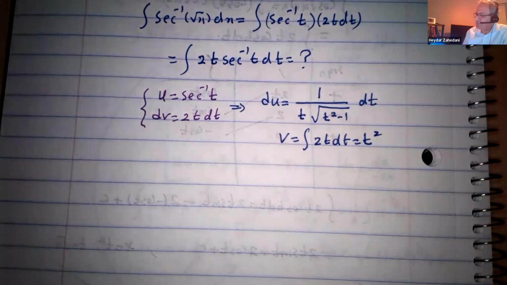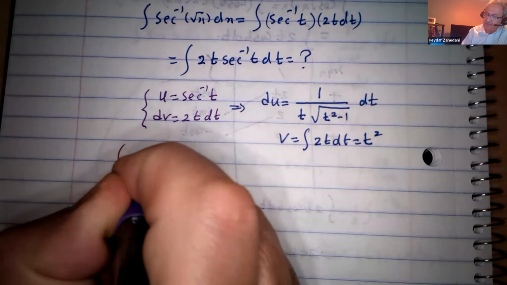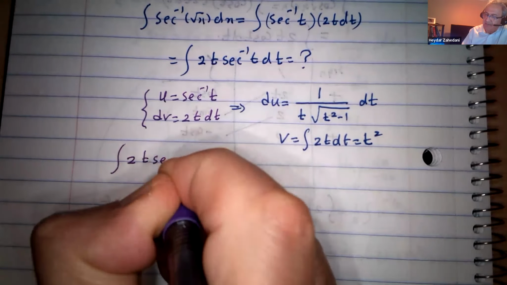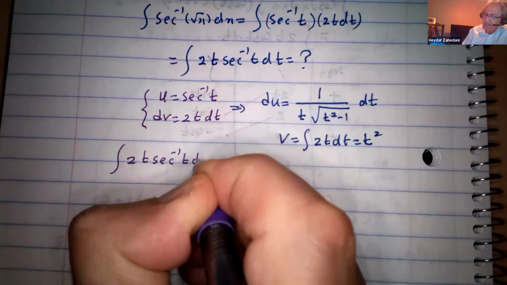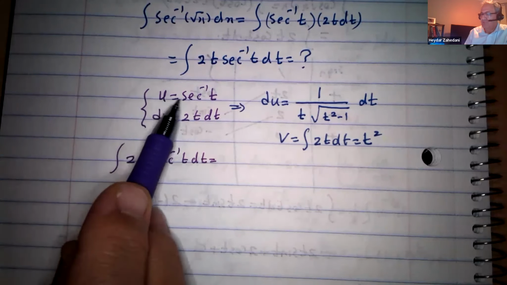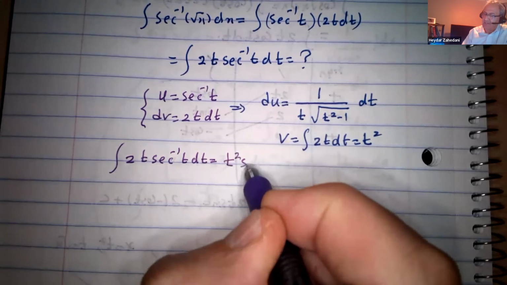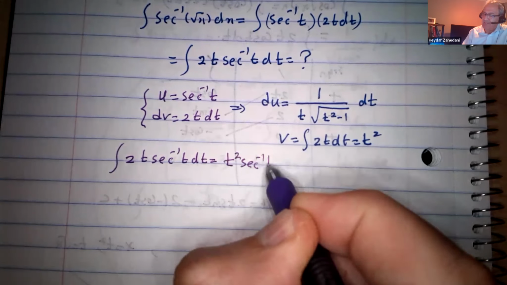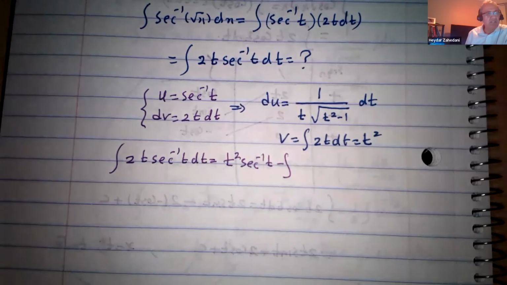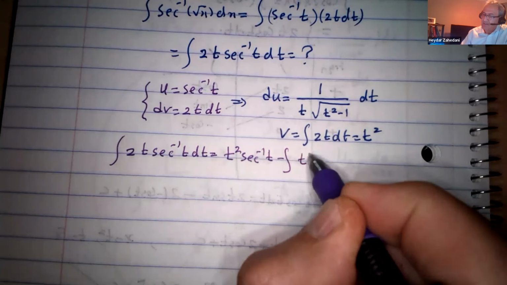Okay, now put them together. So what do we have? The integral of 2t secant inverse of t dt is uv, which is t squared secant inverse of t, minus the integral of v du. What is v? T squared.